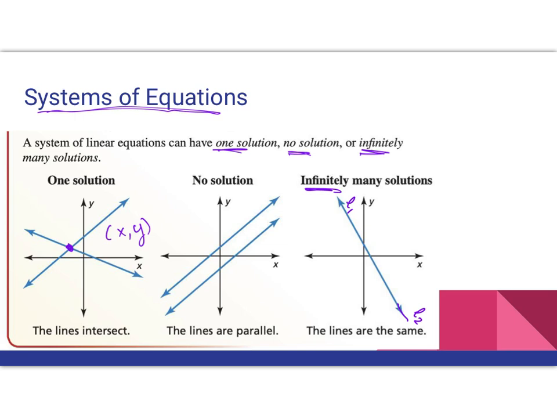It means that everything is a solution. If I pick this point, it is on the line. If I pick an x at 3, it's on both lines. If I pick an x at -2, it's on both lines. There's not one answer, there's a multitude of answers. Okay?